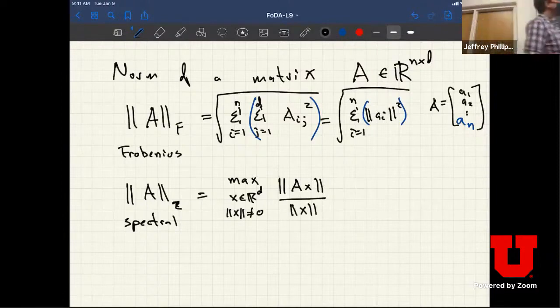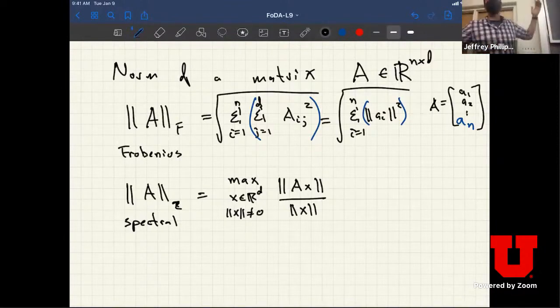I'm multiplying A times x, and then taking the norm. A times x is going to give me a vector: multiplying by a length d vector outputs an n-dimensional vector.